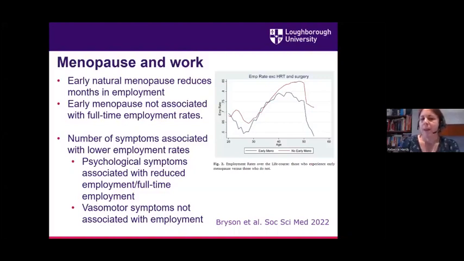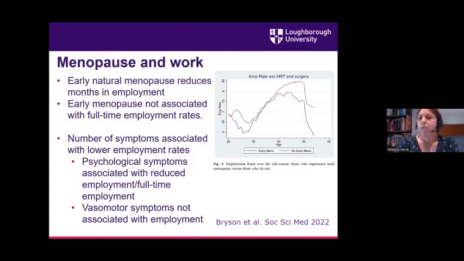But what we didn't expect to see, and that's what's illustrated on this graph, was that women who had an early menopause had different employment rates prior to menopause as well. So you can see here they had lower employment rates prior to menopause as well as later on and after menopause. So this gives us a little clue that we need to take a life course approach. We need to look further back into the life course to see what's happening here.